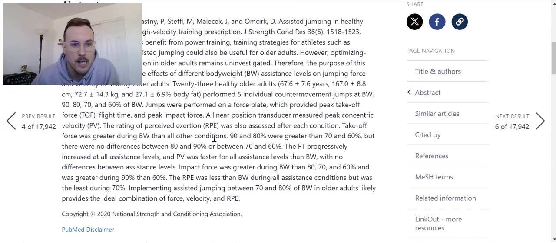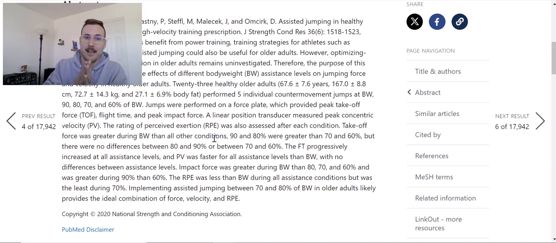Peak velocity? Yeah, peak velocity. So how fast you were able to get off the ground, how fast you were able to jump. Peak velocity was faster for all assistance levels than body weight. Of course, because you probably had to use less of your velocity. You were less trained. So we just talked about training power. Some people can access a lot of their strength, so they have high power.